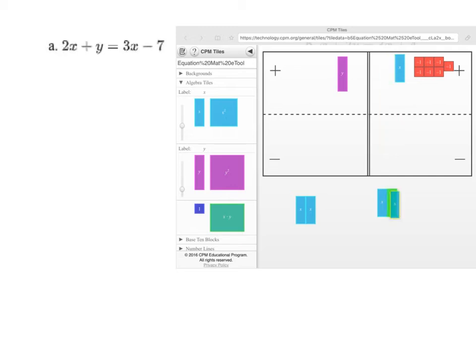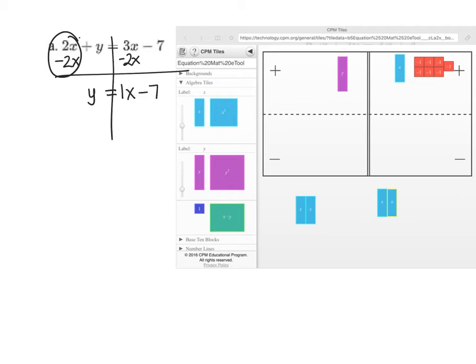Let's show that by writing the algebraic steps on our paper. So what I did was I subtracted 2x from the left and subtracted 2x from the right. That leaves me with no x's on the left and just y equals 3x minus 2x is 1x minus 7. And here, now I have an equation written in y equals mx plus b form.